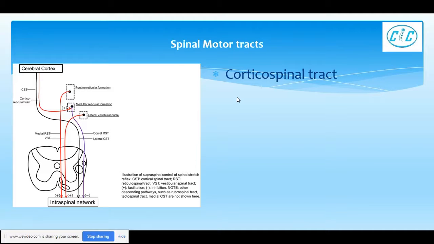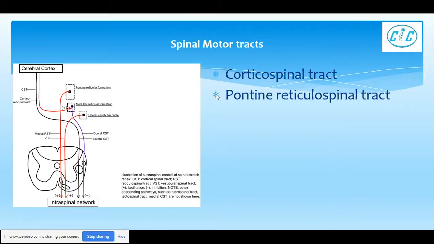Generally, they talk about this tract as a motor tract, which is not totally correct, 100%, because the corticospinal tract not only controls the motor system at the spinal cord level, it also controls the sensory and autonomic nervous system as well. And so it has a very complex function and regulatory impact on the spinal cord.